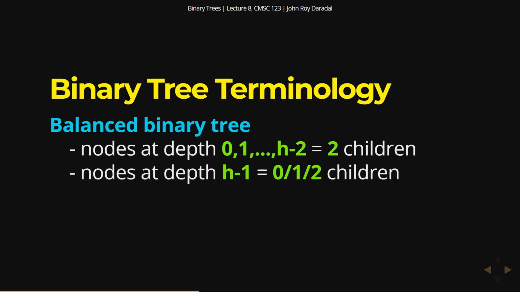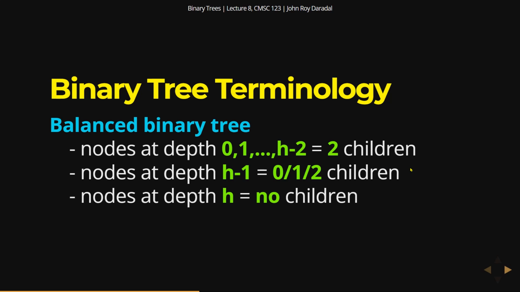The ones at h minus 1, the penultimate level or the second to the last level, could have 0, 1, or 2 children. So it could be a leaf, it could have 1 child, or it could still have 2 children. But the ones at the last level should have no children at all. So they must all be leaf nodes. Okay, so that is a balanced binary tree.